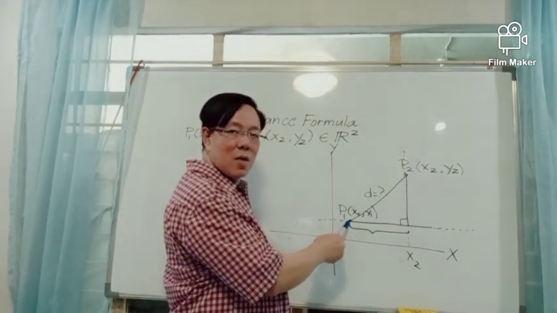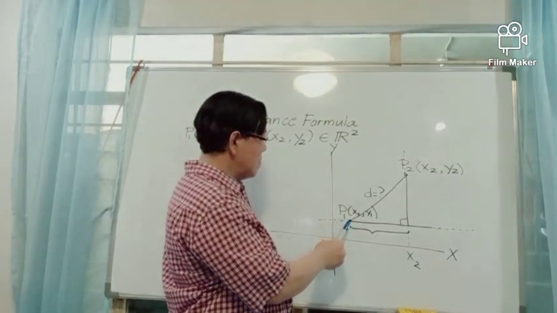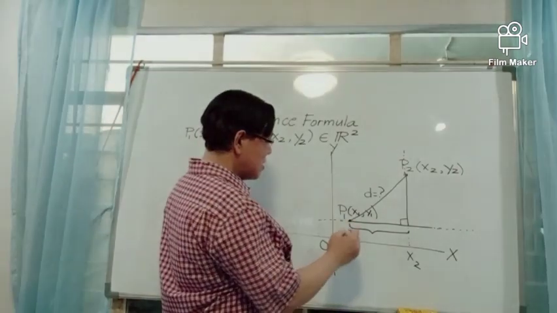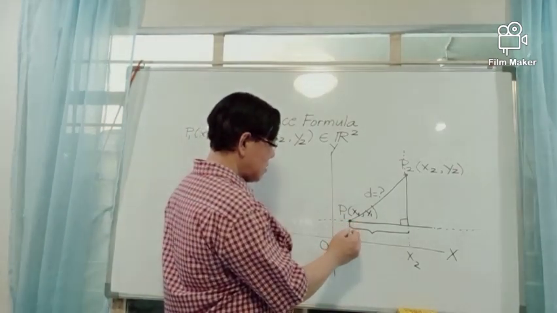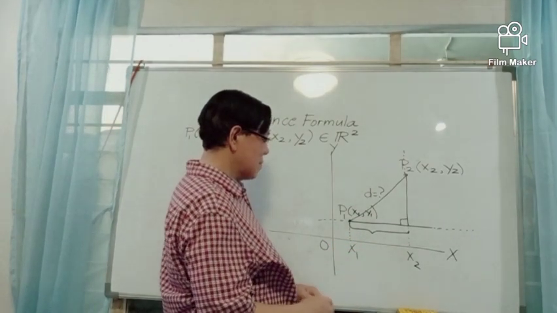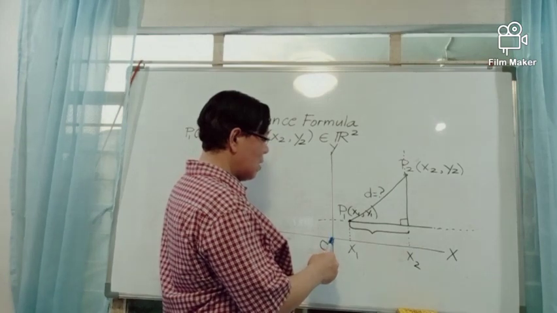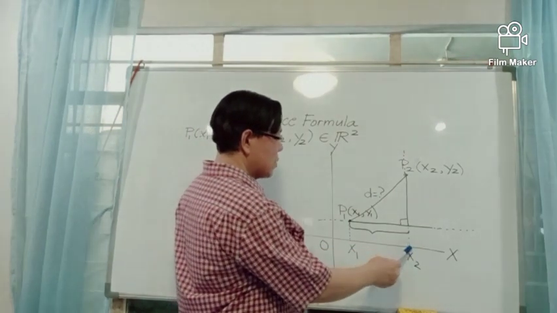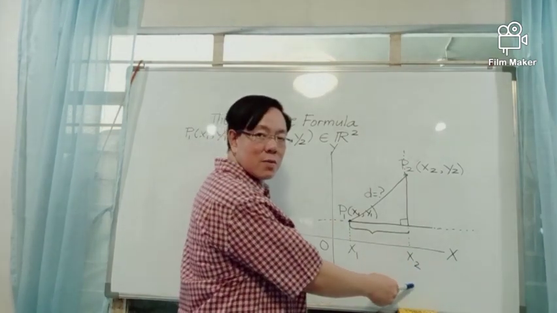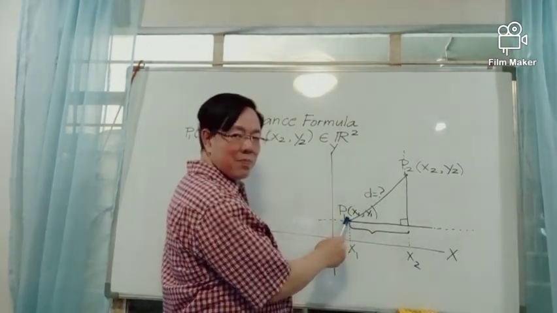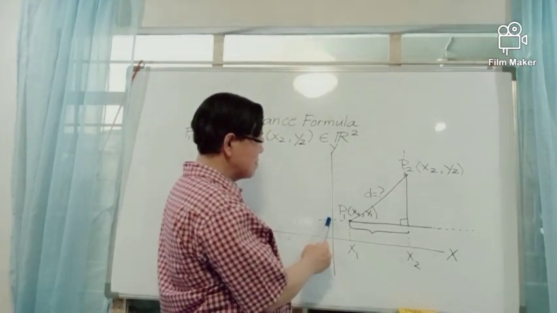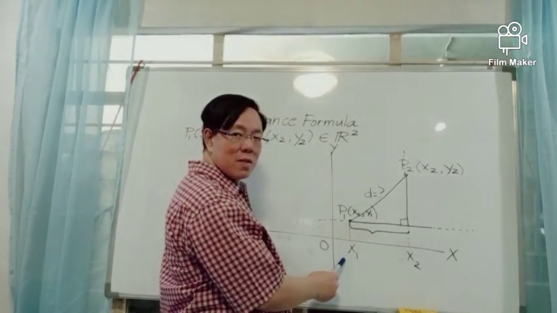The distance of P1 from the vertical axis is given by the abscissa of P1, x1. From the origin to the point P2, the distance of P2 from the origin is x2. The distance of P1 from the vertical axis is x1.